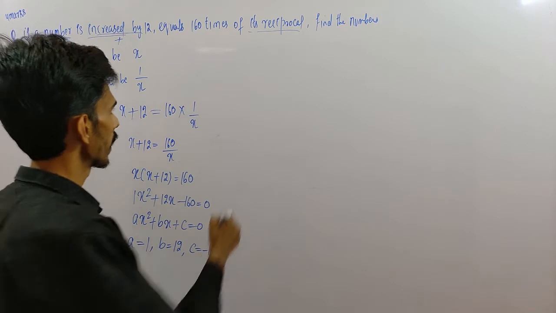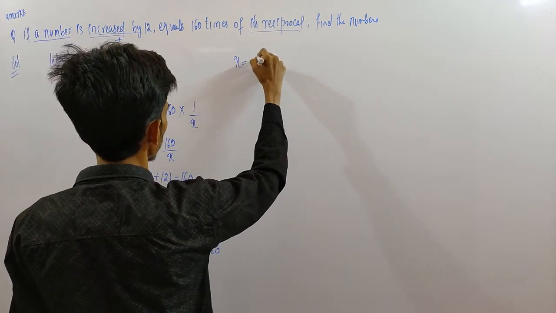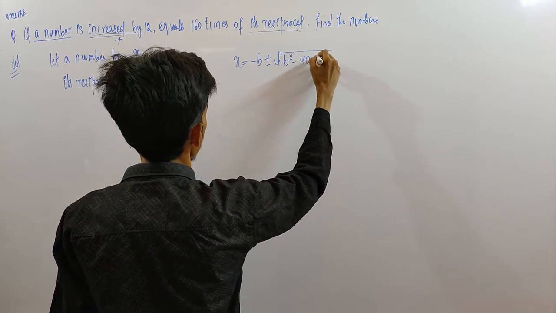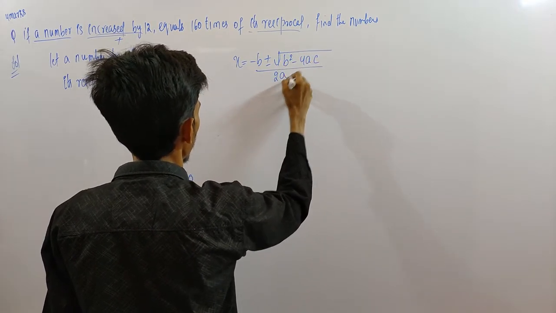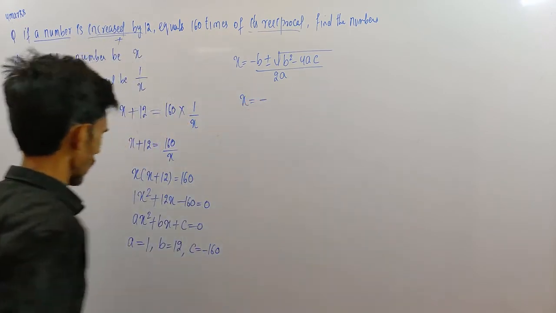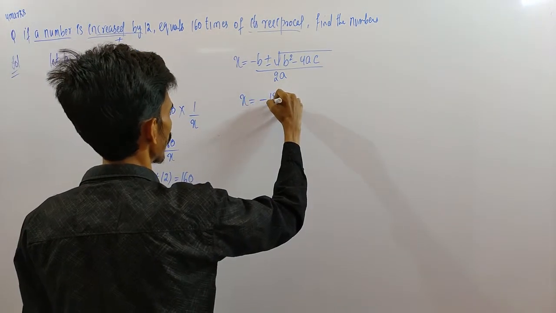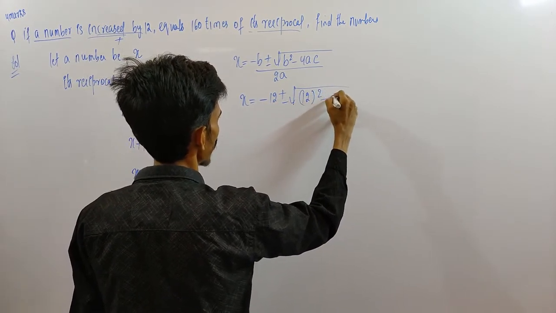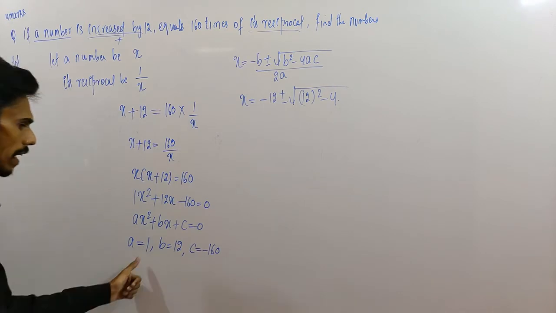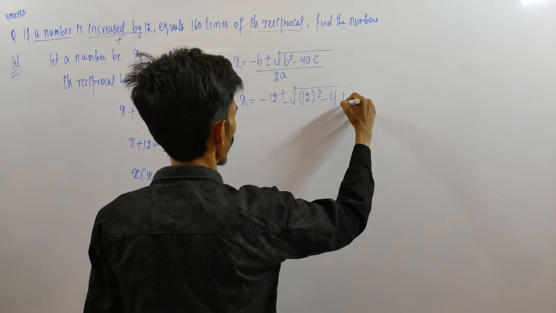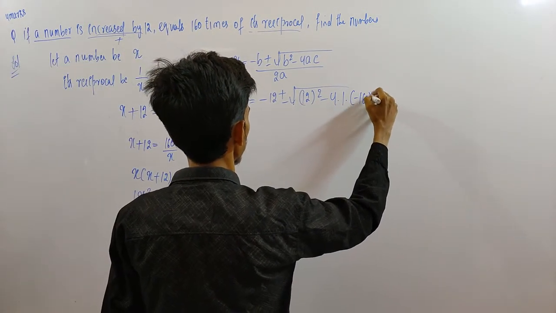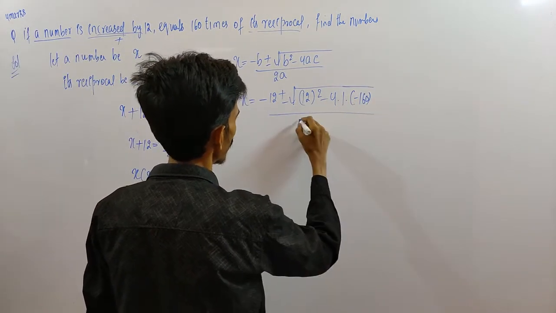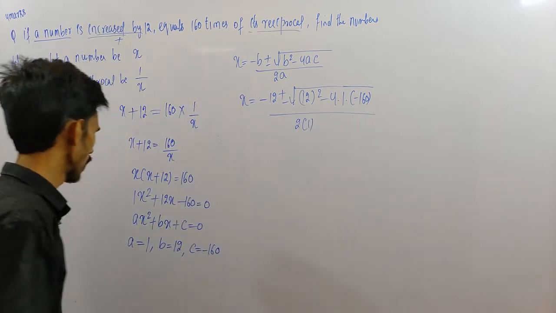So the roots of this quadratic equation can be obtained by this formula: x = (−b ± √(b² − 4ac)) / 2a. b value is 12, so minus 12 plus or minus root over 12² minus 4 into a, a value we have 1, c value is minus 160, divided by 2 into 1, since a value is 1.